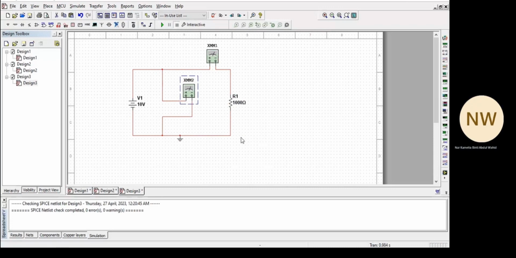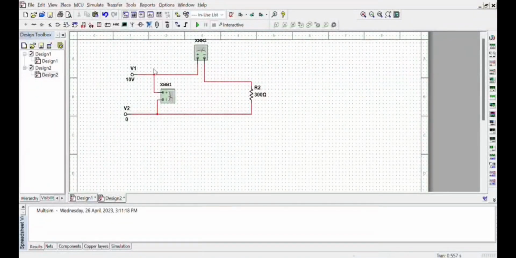Thank you. For activity 3, we can see that here is a DC circuit. For DC voltage, we have 10 volt, and also we have voltmeter 0 volt, and internal resistance of the ammeter, which is 15.5 ohm.